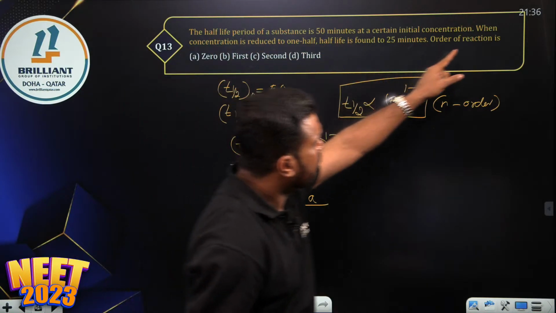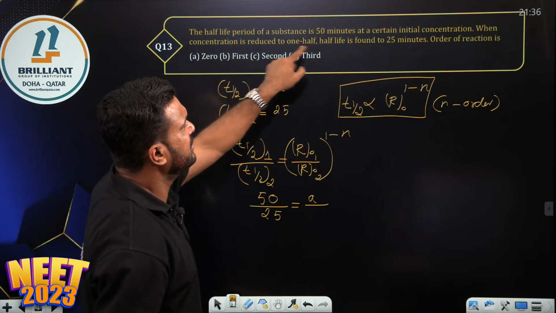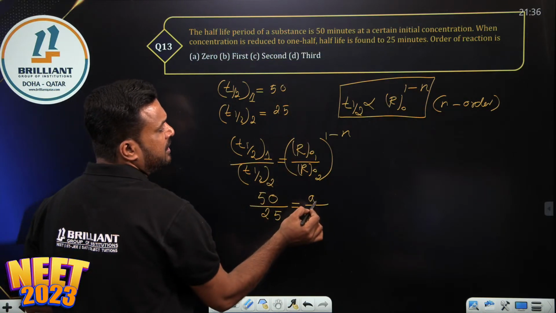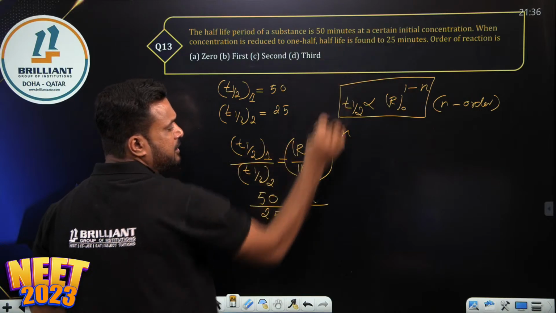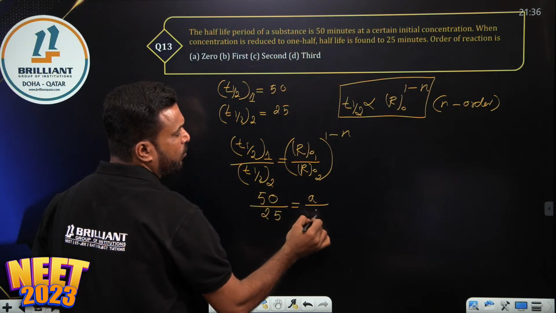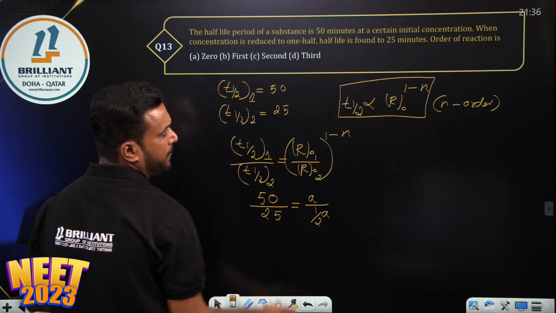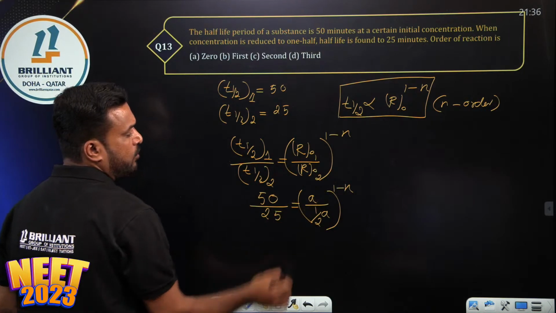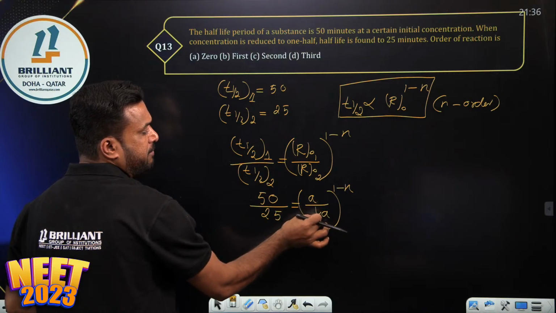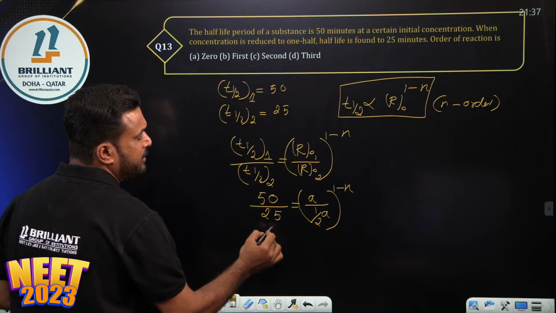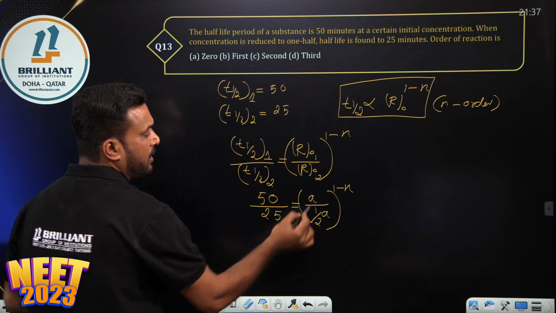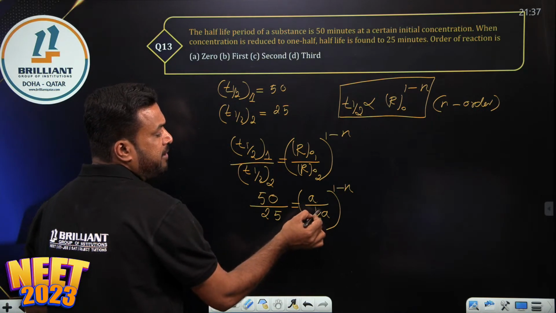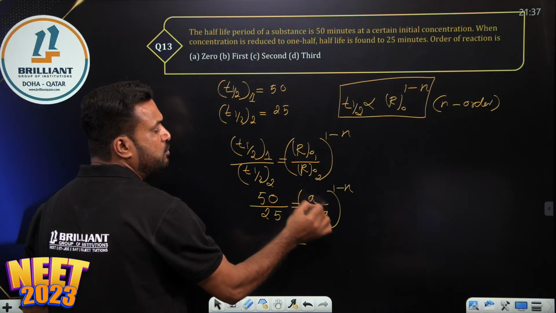But the second one they gave the hint. When the concentration is reduced to 1/2, initially what we took, the first one let it be A, then the second one will be 1 by 2 of A, then whole raised to what will come? 1 minus n. Hope you got. A divided by 1 by 2 of A. 50 by 25 can be written as what? 2. A divided by 1 by 2 of A will be coming as A divided by A into 2 will come to numerator.